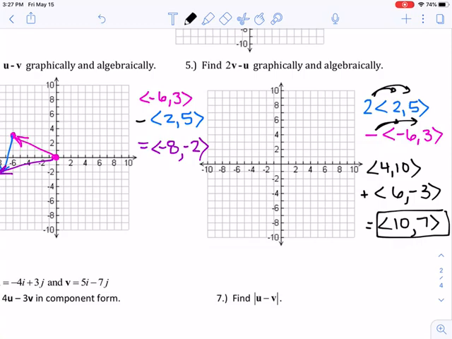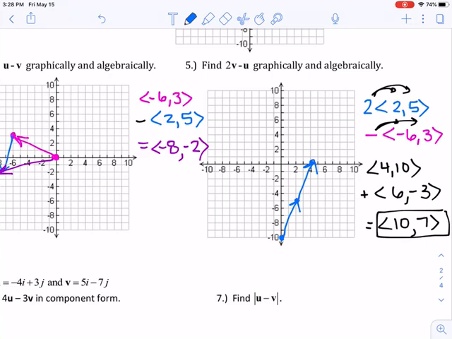Now let's find it graphically. It says to start off with 2 v's. So I'm going to start way down here at the bottom, 0, negative 10, and I'm going to travel v twice, which means that I'm going to go forward 2 and up 5 once, and forward 2, up 5 a second time. Once I've traveled 2 v's, I want to now subtract off my vector u.